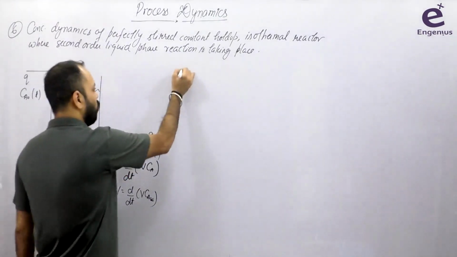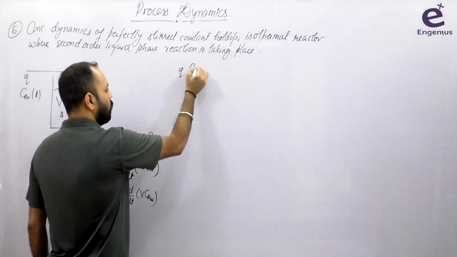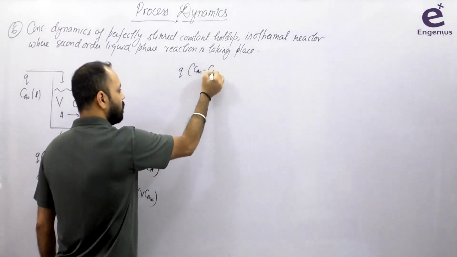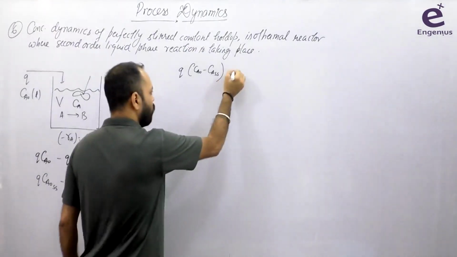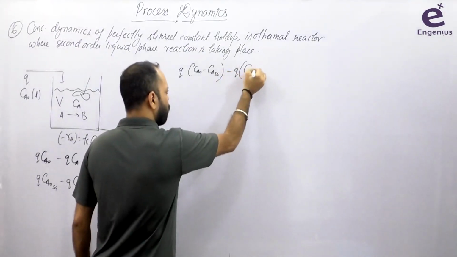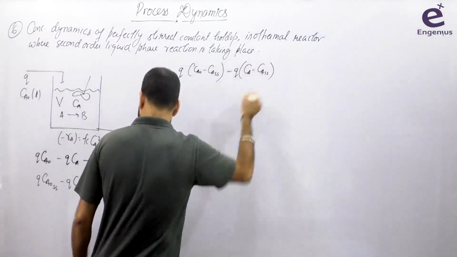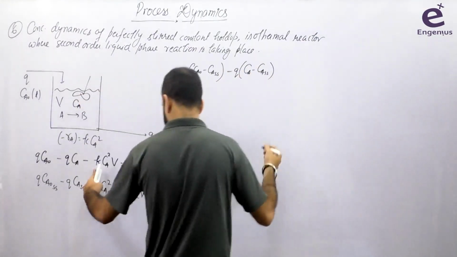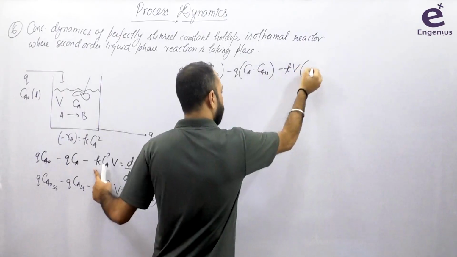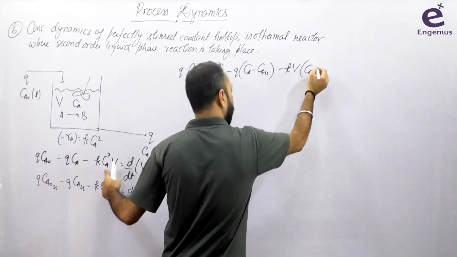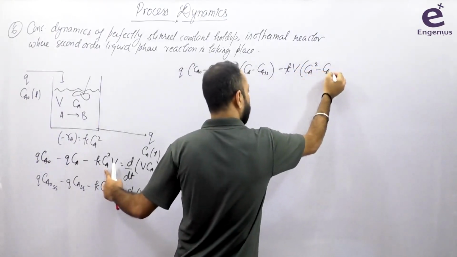Q Ca naught minus Ca SS. Same scenario, minus Q, everything is same as before. The only thing that is going to change is this one: minus kV Ca square minus Ca SS square.